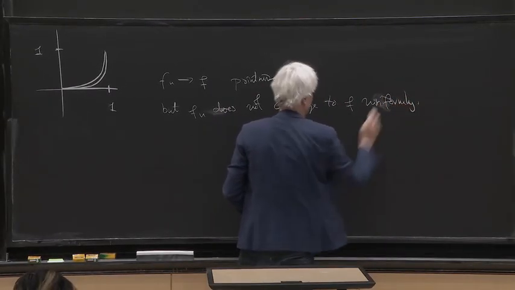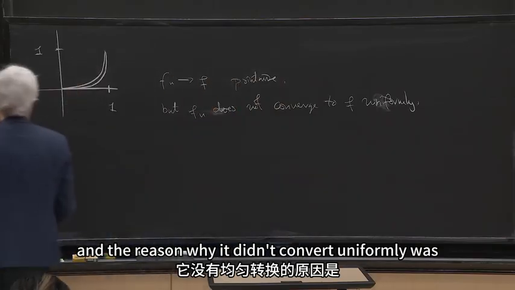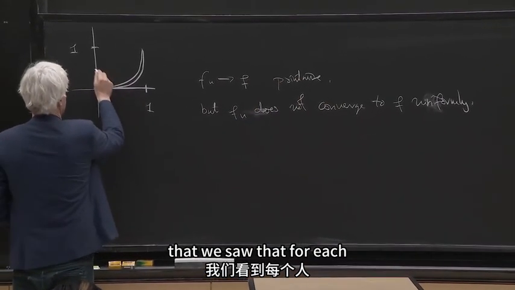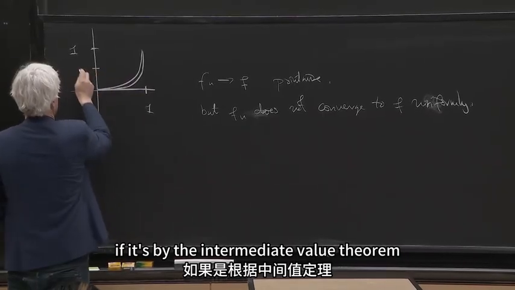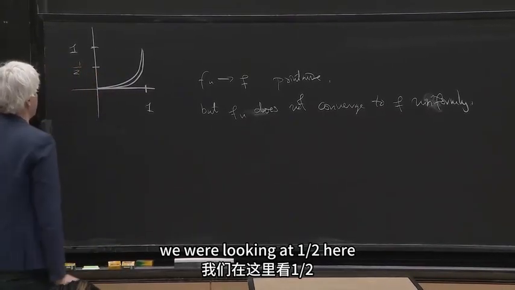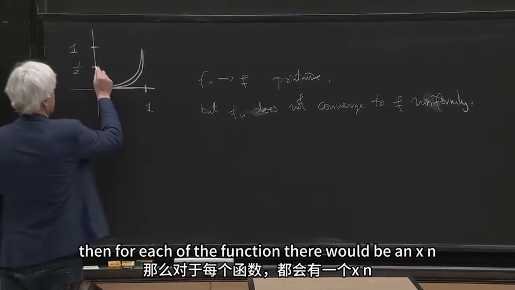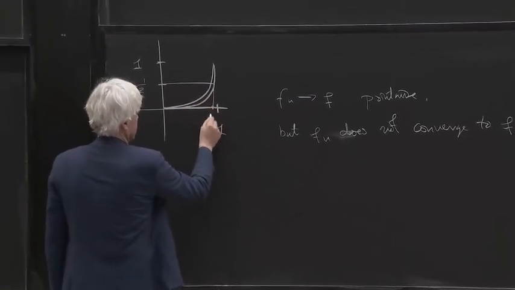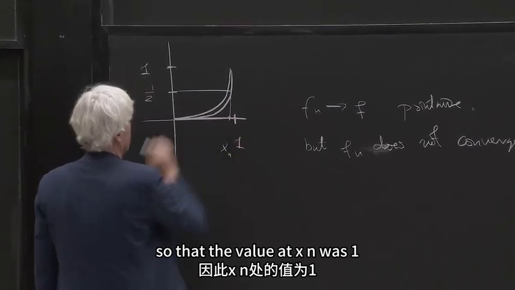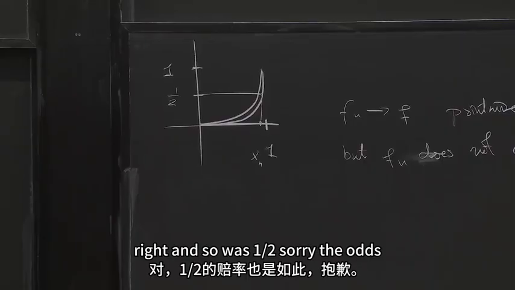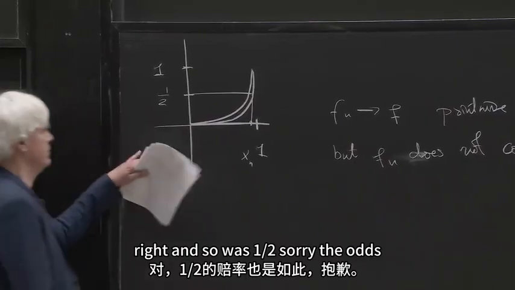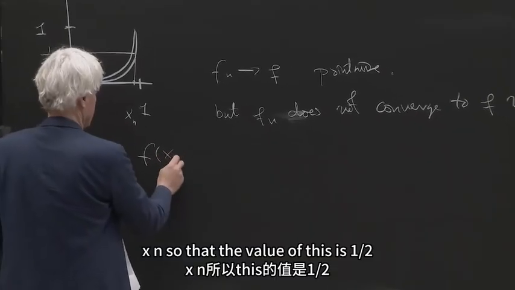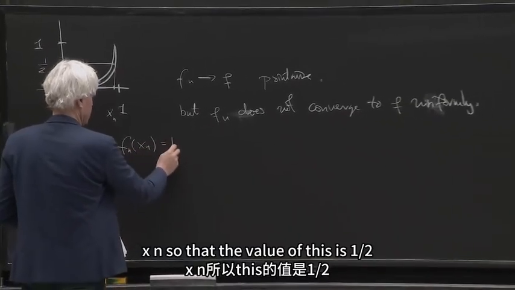Right, and the reason why it didn't converge uniformly was that, by the intermediate value theorem, if we look at a half here, then for each function there would be an xn so that the value at xn is a half.